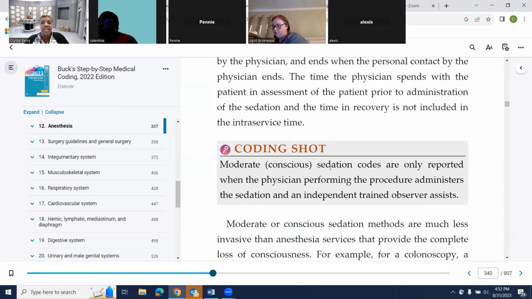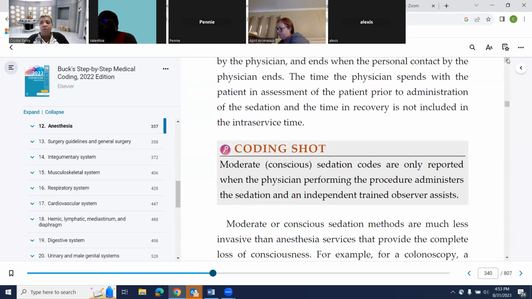Moderate or conscious sedation methods are much less invasive than anesthesia services that provide the complete loss of consciousness.